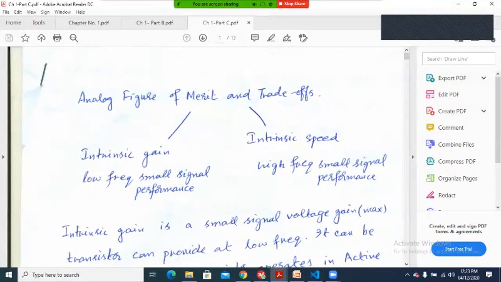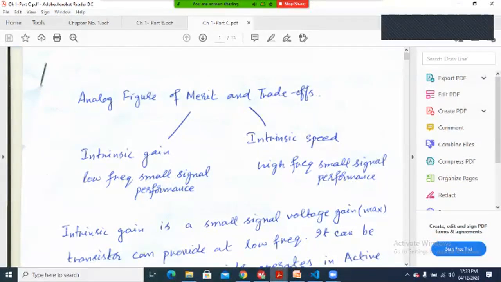So, what is the intrinsic gain and what is the intrinsic speed? Later on, we discuss this in this lecture. And these are the two analog figures of merit. So we have to trade off between these two things.